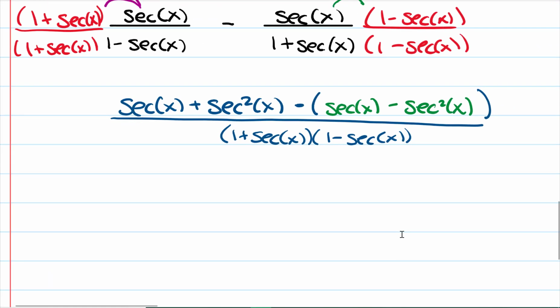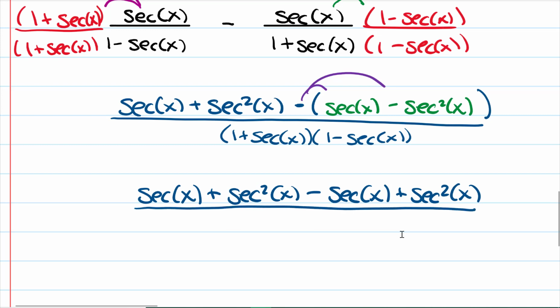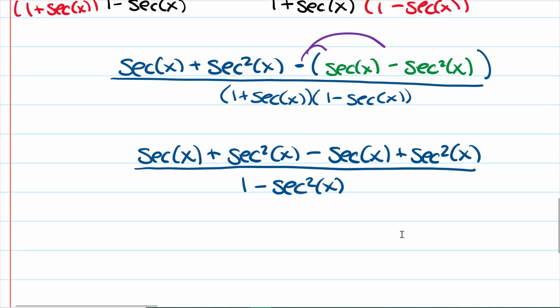Okay, so then I'm going to distribute this negative, and I get secant of x plus secant squared of x minus secant of x plus secant squared of x, all divided by, and from the previous example, we saw that this is 1 minus secant squared of x. Okay? So now we're going to combine like terms. This secant is going to cancel with this negative secant.